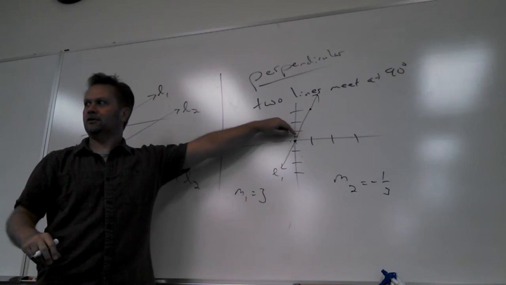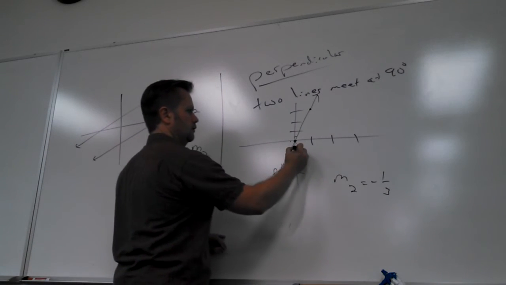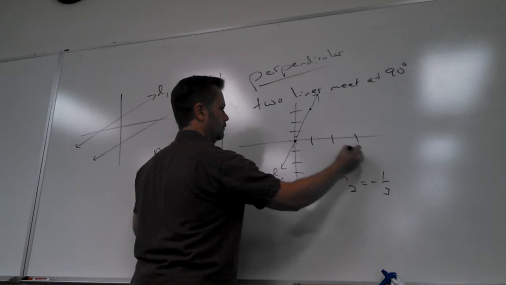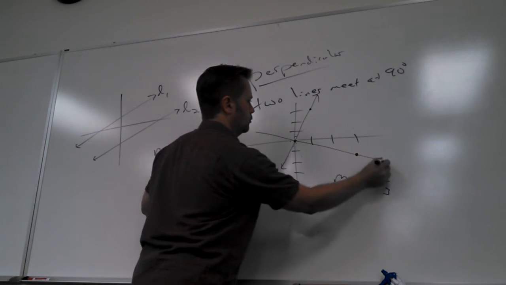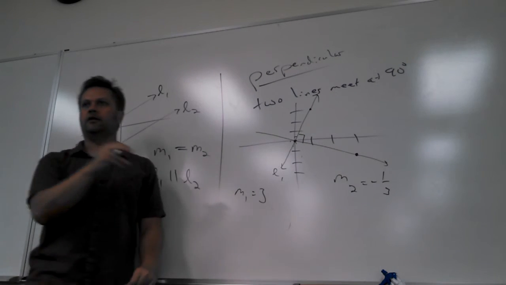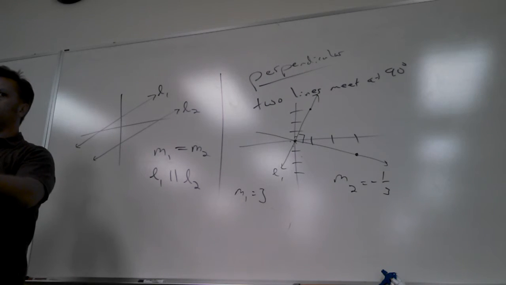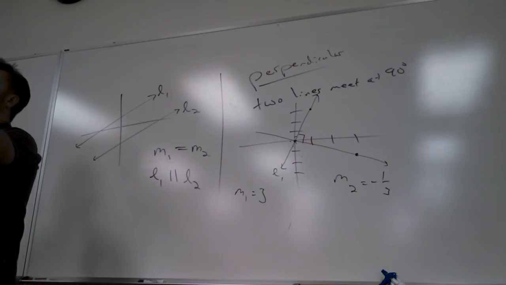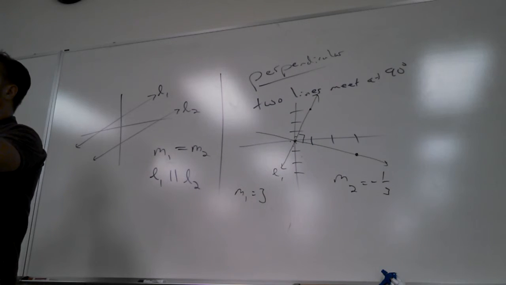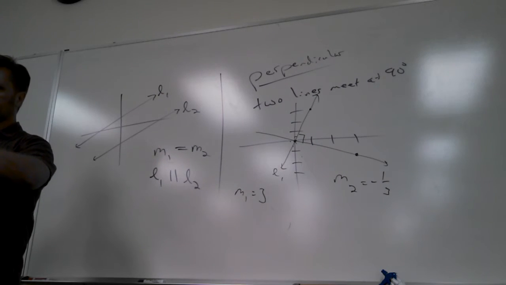Down 1 over 3. And now if I draw that, this is not a proof, but that certainly looks closer to a 90-degree angle, right? So that's the actuality: if I have two lines that are perpendicular, their slopes have to be negative reciprocals.